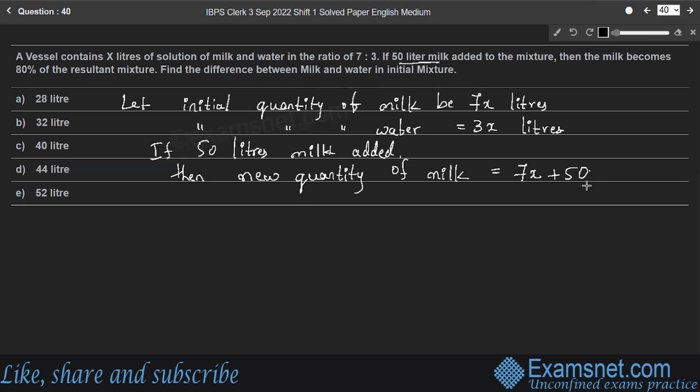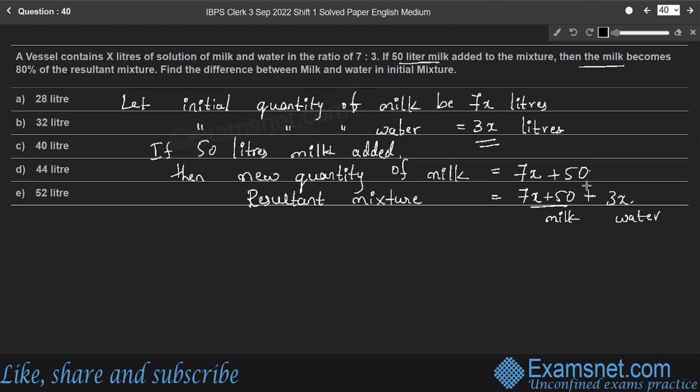And the resultant mixture becomes, so what is the resultant mixture? Mixture of milk and water. So it is 7x plus 50 plus quantity of water, which is 3x. Resultant mixture will be 7x plus 50 plus 3x.